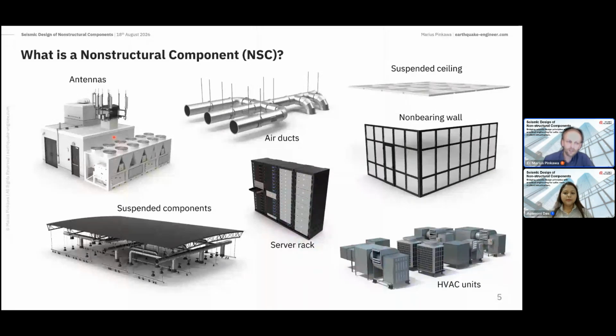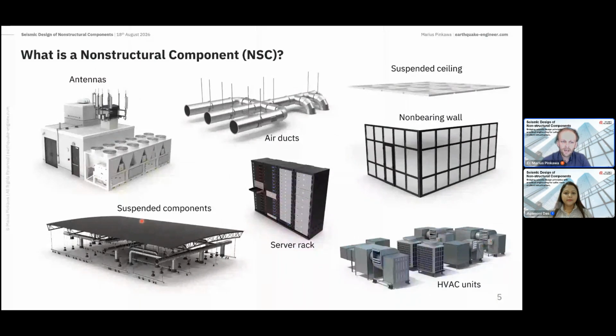So non-structural components can be antennas, air ducts, suspended ceiling, non-bearing walls, heating, ventilation, air conditioning units, battery or server racks, or any kind of suspended components. So there's really a large variety. There are millions of non-structural components. So every component is special for itself.